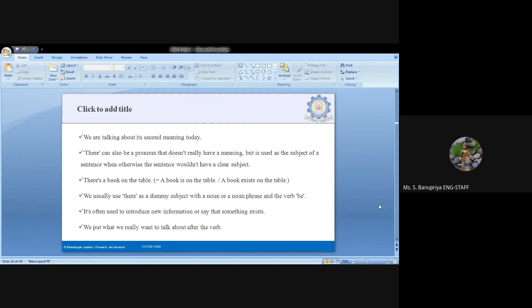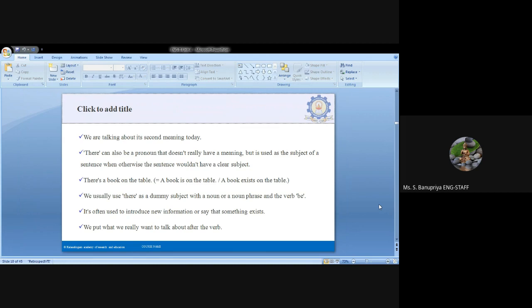We usually use there as a dummy subject with a noun or a noun phrase and the verb be. It's often used to introduce new information or say that something exists. We put what we really want to talk about after the verb.